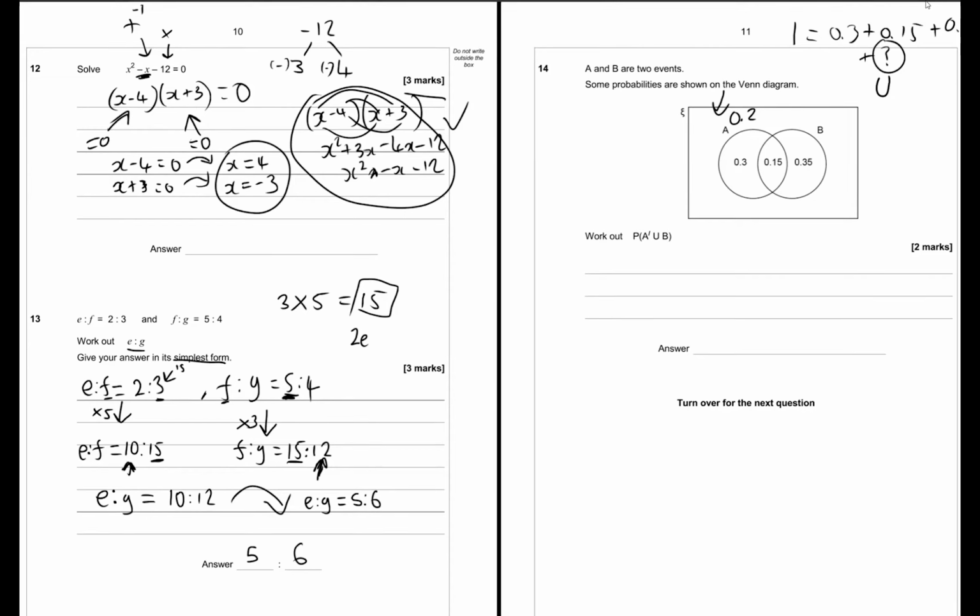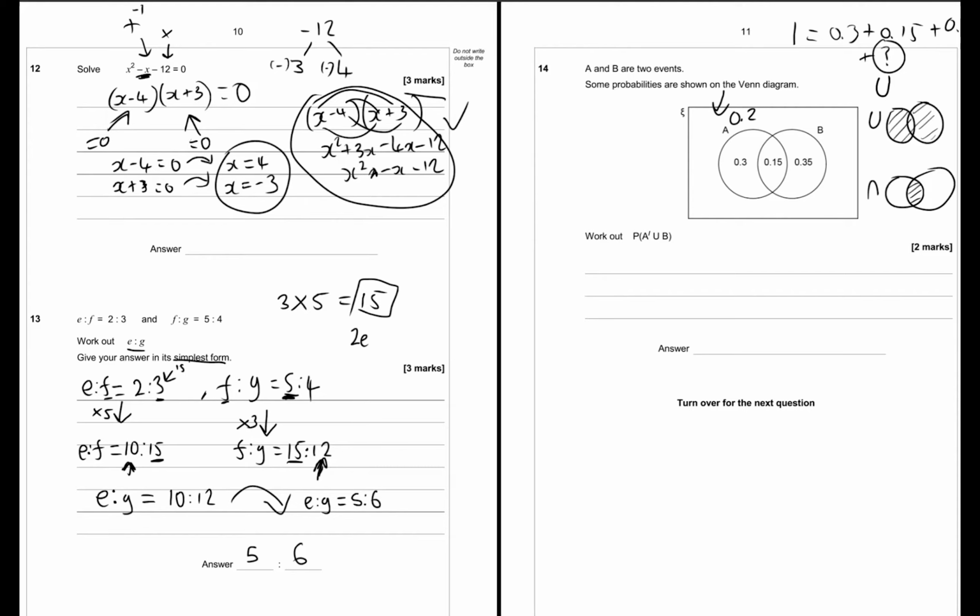Okay, so the probability of not A union B. Let's recall what union and intersection mean. The union is all of the diagram, and the intersection is just the bit where they cross. So we want to find the probability of not A and B. What is the probability of not A?